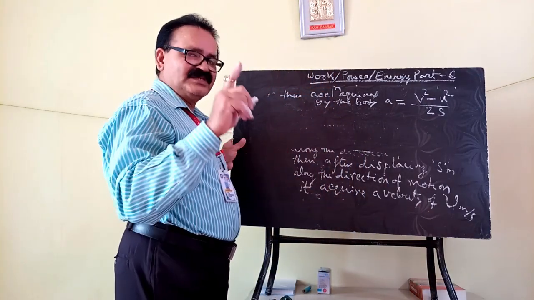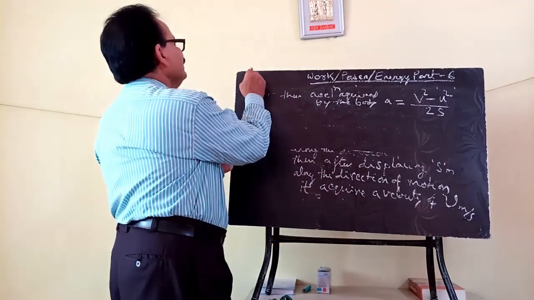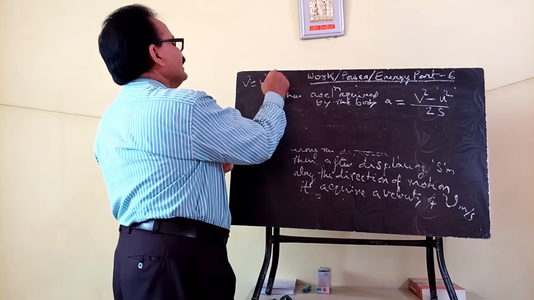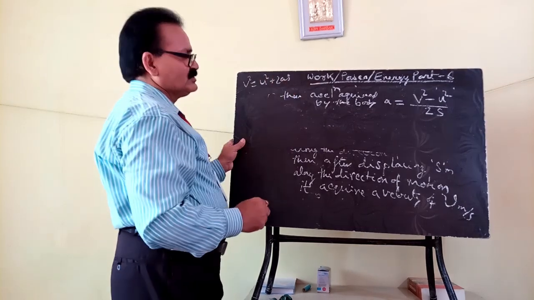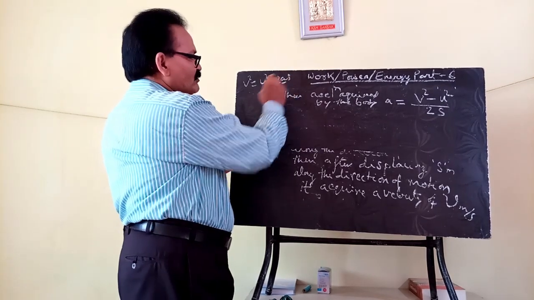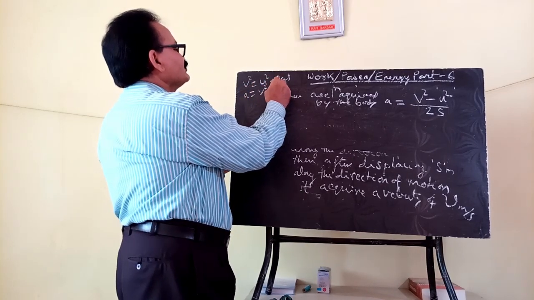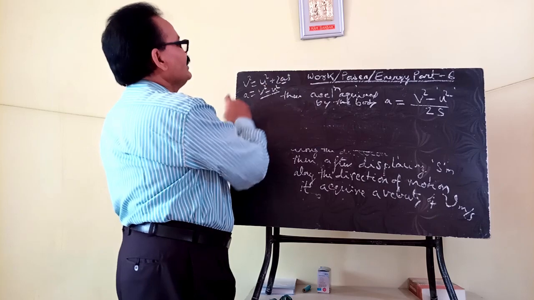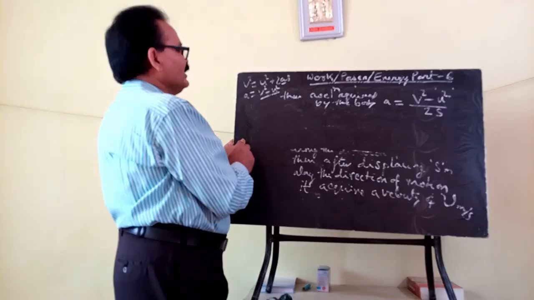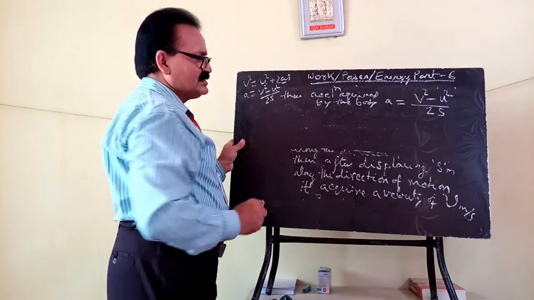As you know the formula, v square equal to u square plus 2as, so you have to find out A. A is v square minus u square by 2s.